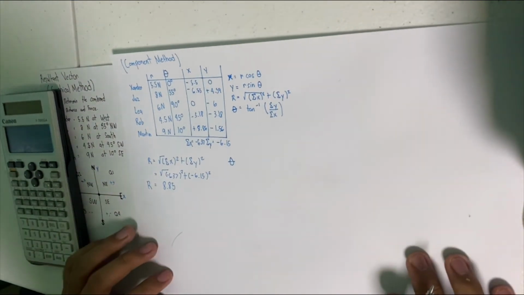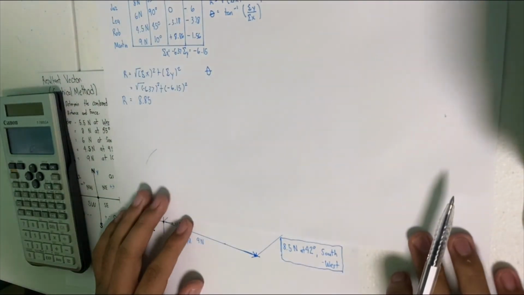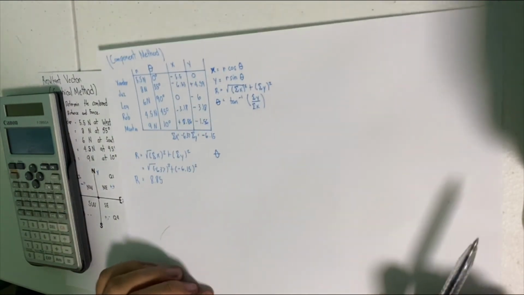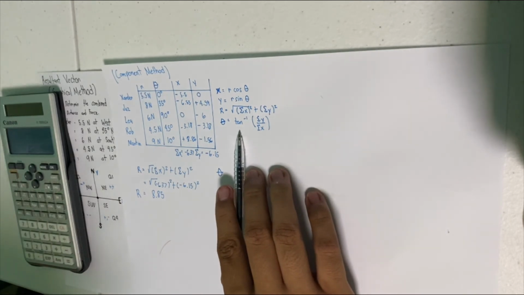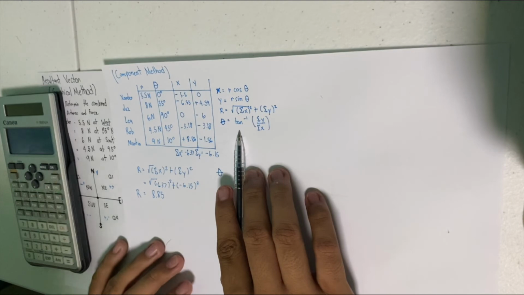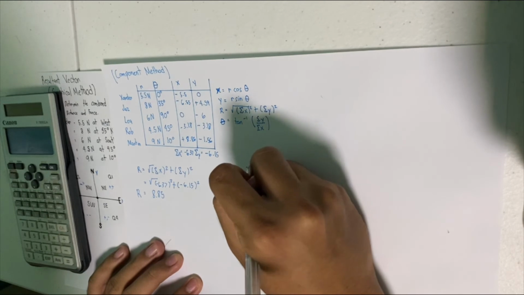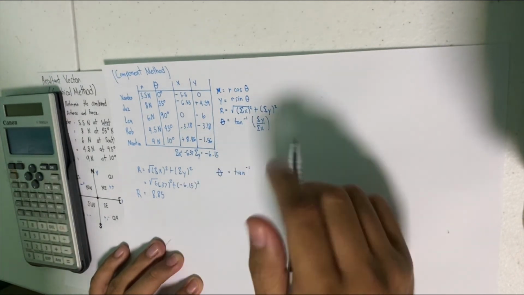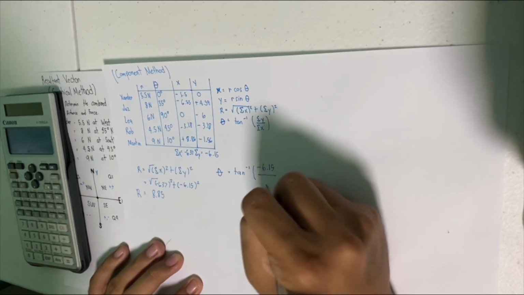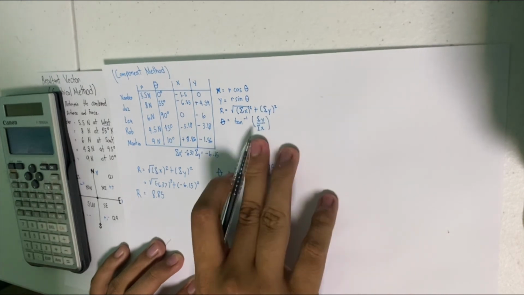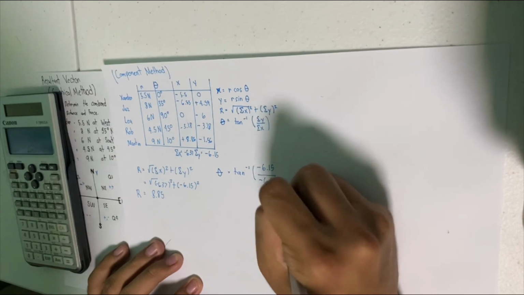So how can we get the degrees? As per the data, here's the formula. So tan inverse of negative 6.15 over, because it's the equivalent of the x, negative 6.37.